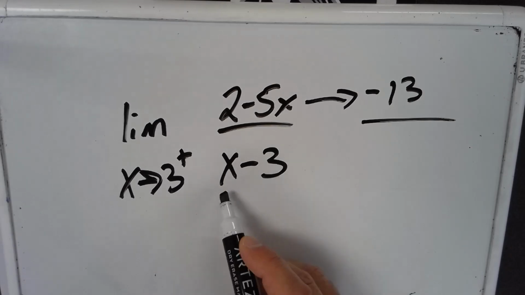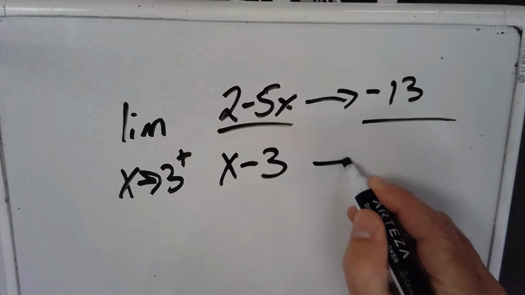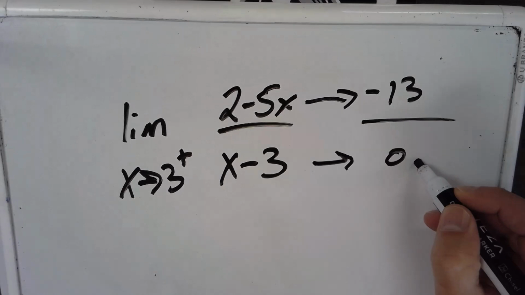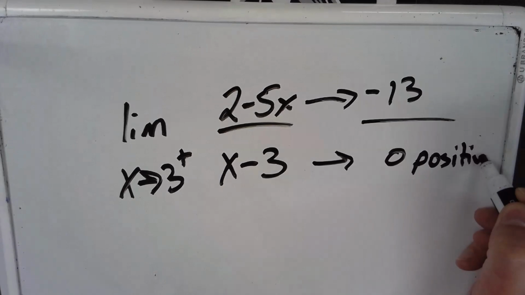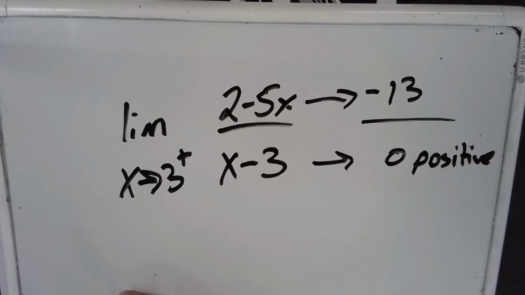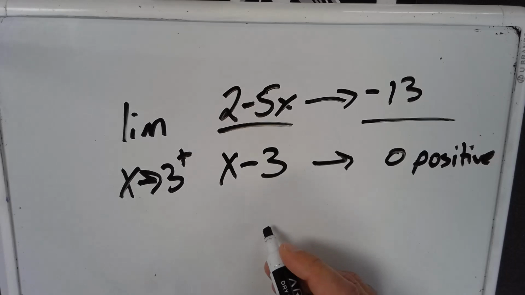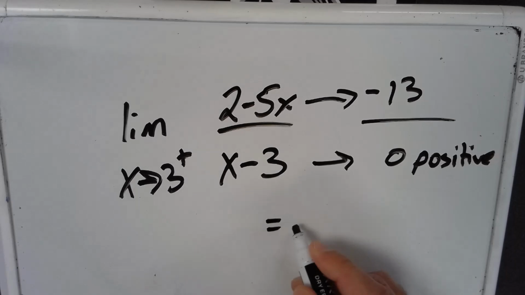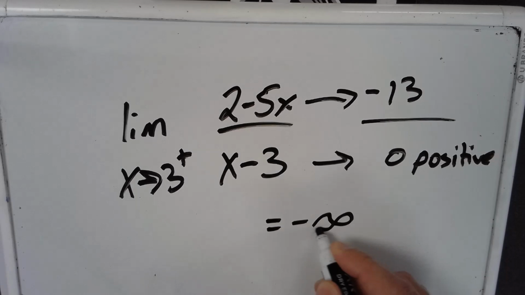So then it's approaching zero, like positively. Does that make sense? So then is the answer to this positive infinity or negative infinity? Why is it negative infinity? Because it's a negative divided by a positive. Is that okay?